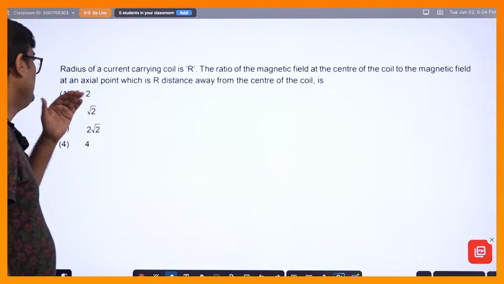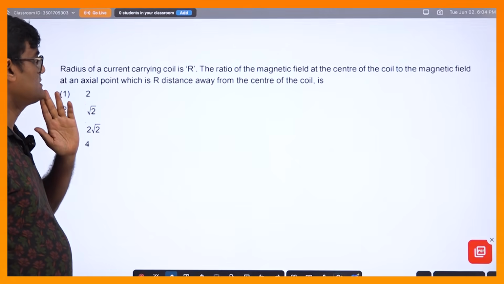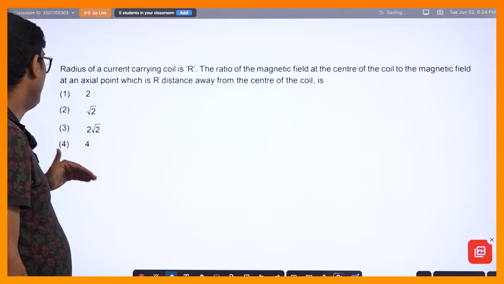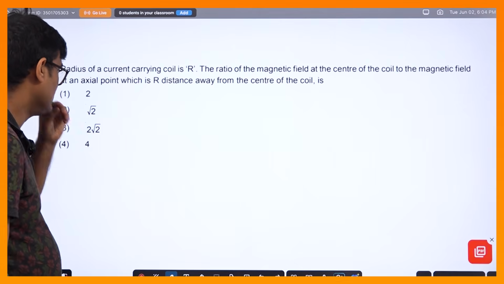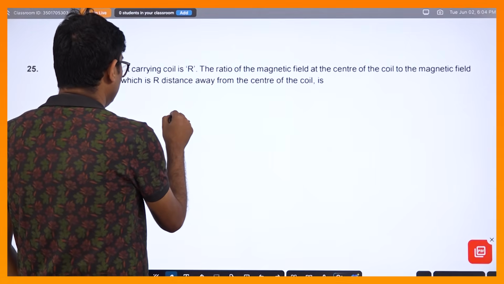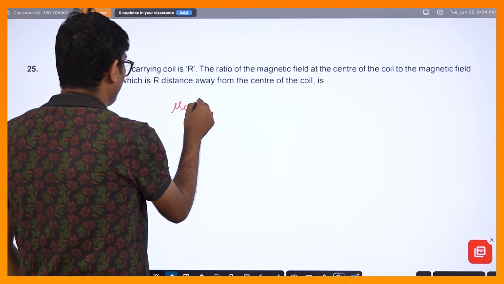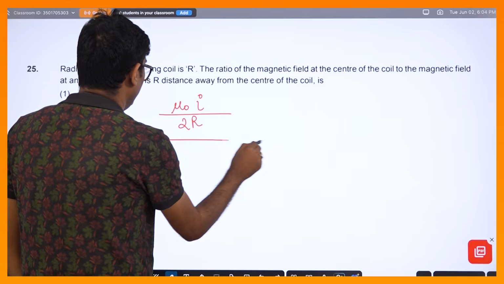Okay. Radius of a current carrying coil is R. The ratio of magnetic field at the center of the coil to the magnetic field at an axial position which is R distance away from the center. So the magnetic field at the center is mu naught I by 2R, right?